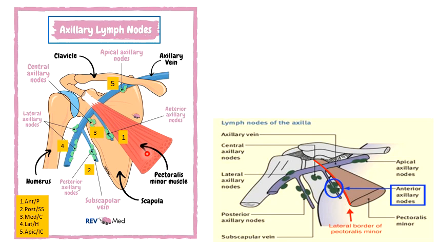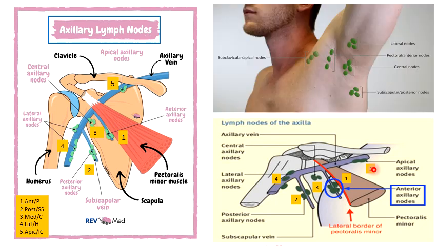Okay, then this is another picture to show you the same thing. Okay, the humerus, clavicle, pec minor, and your scapula here. Okay, and the various groups of lymph nodes are there: anterior, posterior, medial or central. Then you have your lateral group of lymph nodes, and finally the subclavicular or the apical group of lymph nodes. And on the patient, this is how it's distributed. First is your pectoral or anterior group of lymph nodes related to the pectoralis major here.